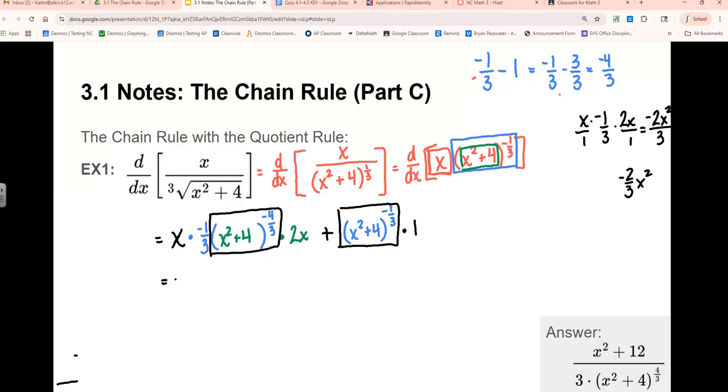I'm on negative 2x squared over 3 times, I'm going to leave this stuff right here alone, x squared plus 4 to the negative 4/3, plus this is just x squared plus 4 to the negative 1/3.